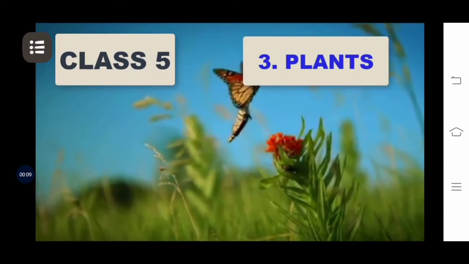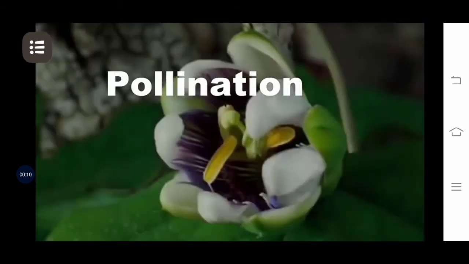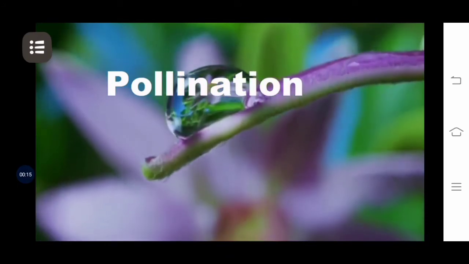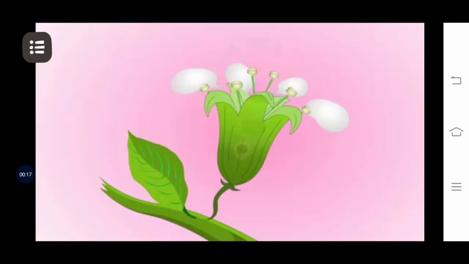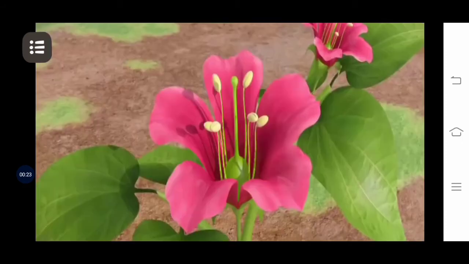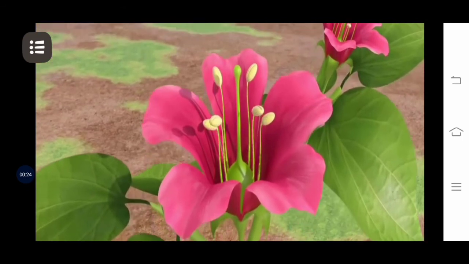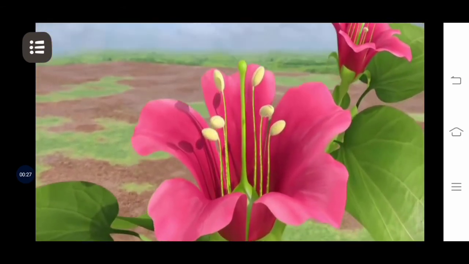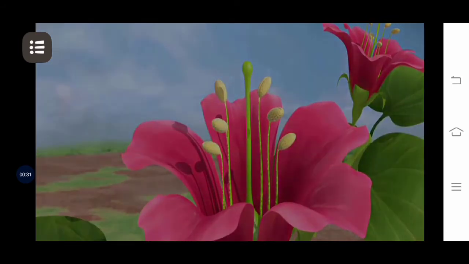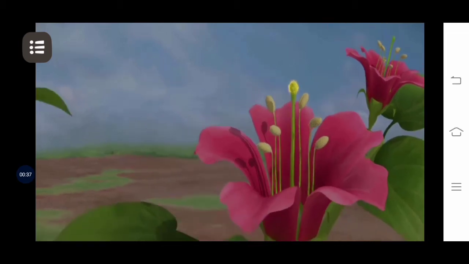Pollination is the process of transferring pollen grains from anther to stigma. It is an important process in the production of fruits and seeds. There are two types of pollination. Transferring pollen grains from anther to stigma of the same flower is called self-pollination.